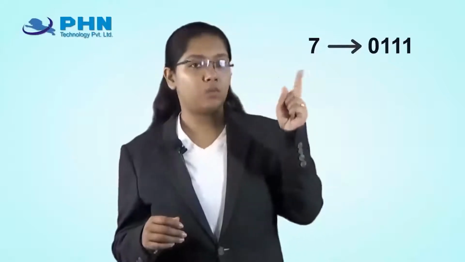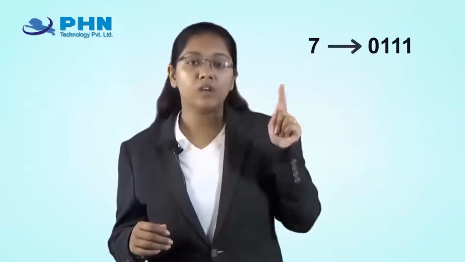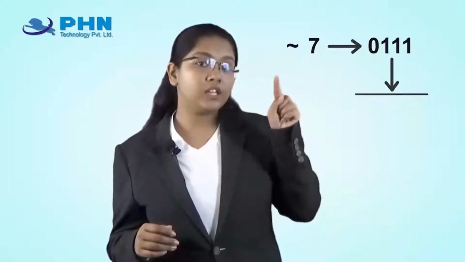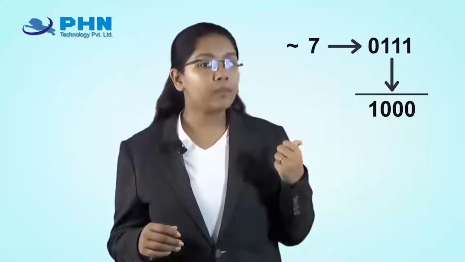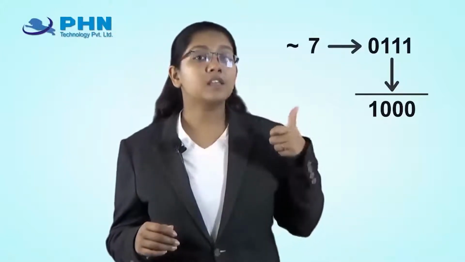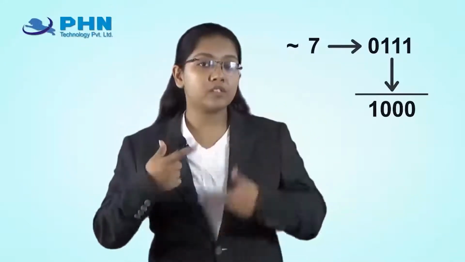Let's say, for example, I have 7. See, I have 7. 7 is written in binary language. 7 is written like that. Okay, 0, 1, 1, 1. Now, if I take the complement of this, that is, if I NOT this statement, that is negation, then it will give me like this 1, 0, 0, 0. What has happened now? It has reversed the value.